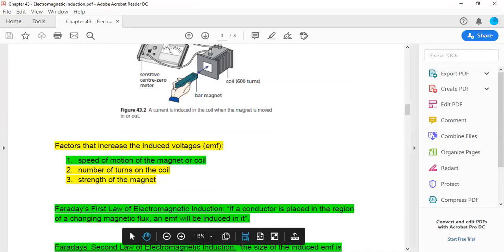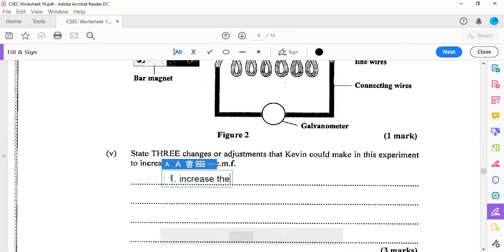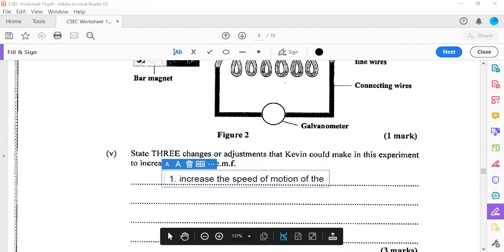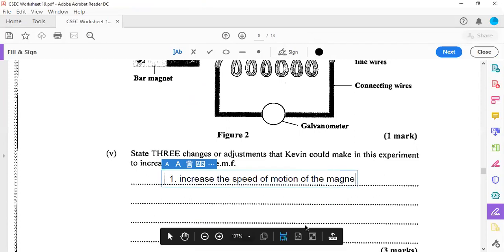So the first one would be to increase the speed of motion of the magnet or coil, or loop if you want to call it that way.